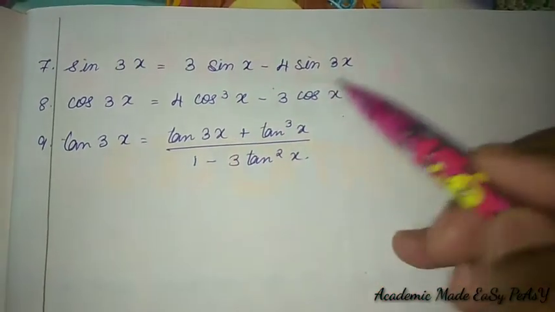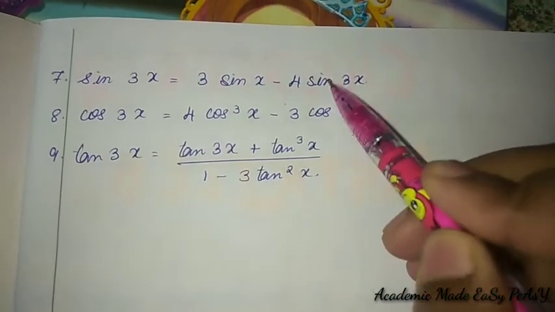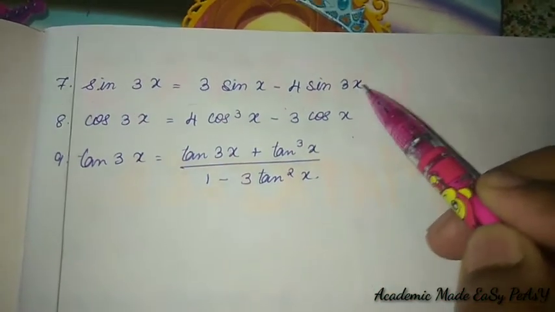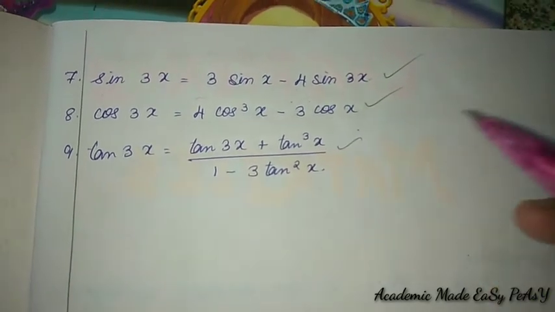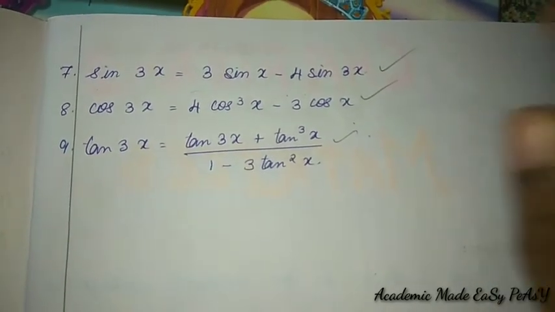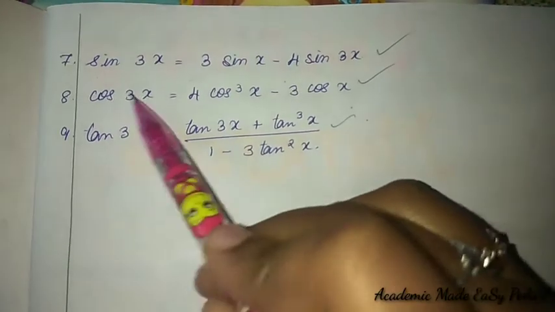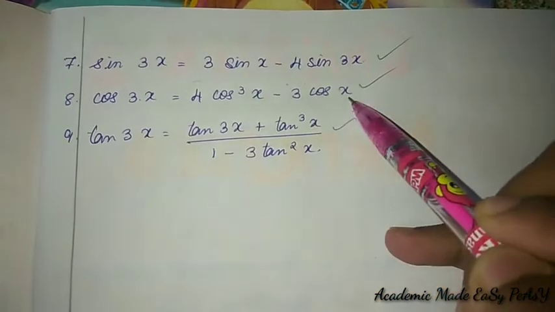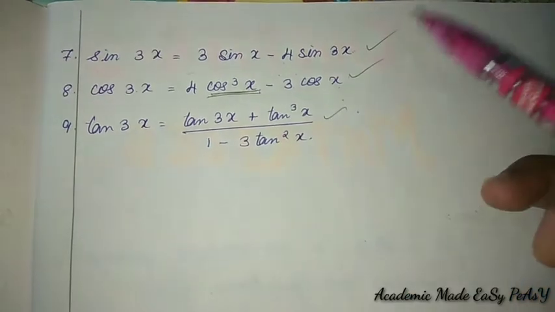So however it is asked, if in case sine 3x or only sine 3x is given, we have to be in the position to interchange everything and use it. So only I have given all these formulas. So be very clear to attend all the questions. So cos 3x is equal to 4 cos cube x minus 3 cos x. For example, when only cos cube x is given, what will we do?